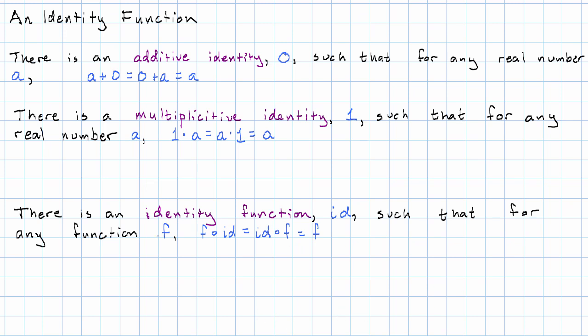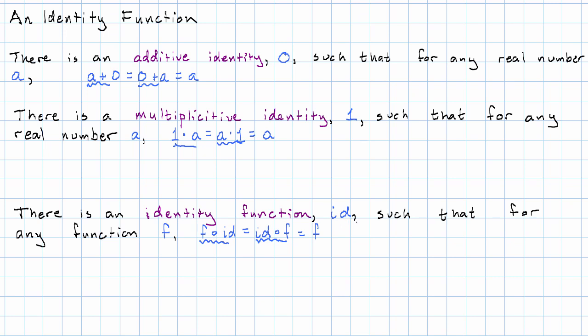Notice that addition and multiplication are commutative, so we didn't actually have to mention both of these or both of these. But composition is not commutative, so we did have to mention both of those separately. What is this identity function?